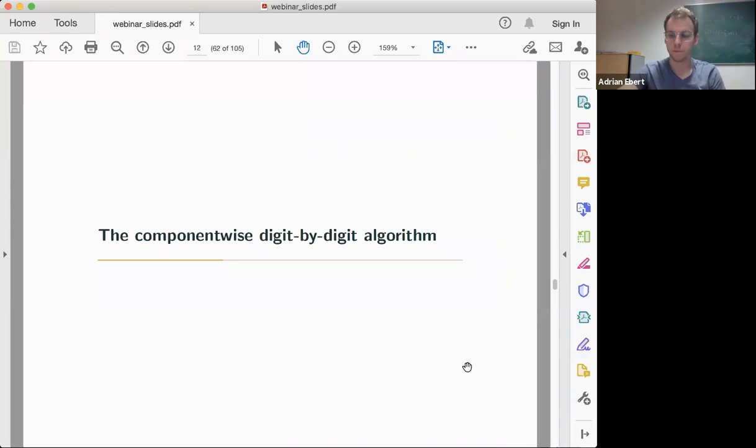Okay, so having introduced these alternative quality measures, we will try to introduce an algorithm which is supposed to find us such good generating vectors.